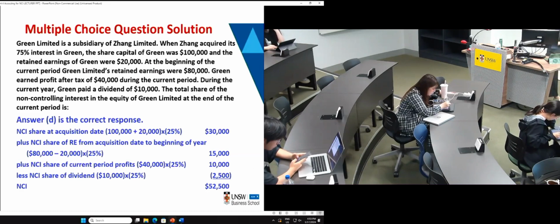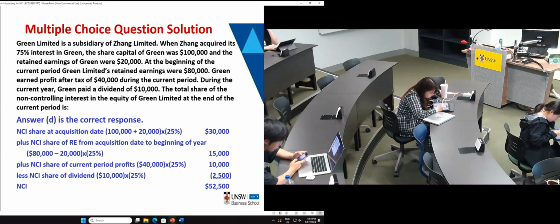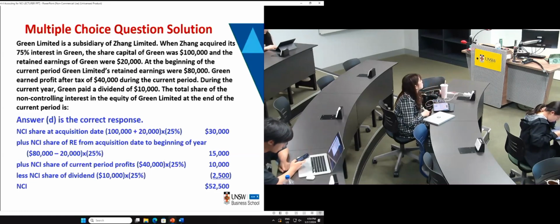So what is the subsidiary's equity balance at the end of the current year, including share capital balance, 100,000, right? Now what about retained earnings balance? What is the subsidiary's retained earnings balance at the end of the current period? Now you have beginning balance, 80,000, right? And increased by 40,000 because subsidiary made a profit, and decreased by 10,000 because subsidiary paid out dividend.